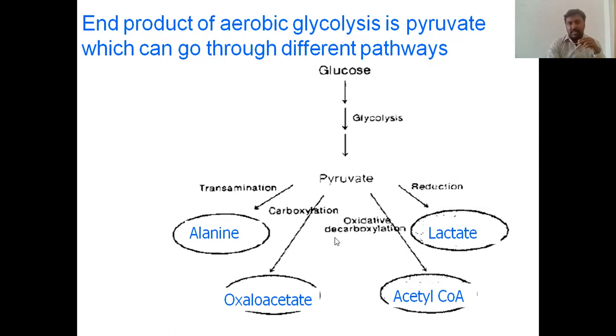This is how pyruvate is metabolized into different products. Mostly, the pyruvate enters into oxidative decarboxylation and then into the citric acid cycle.